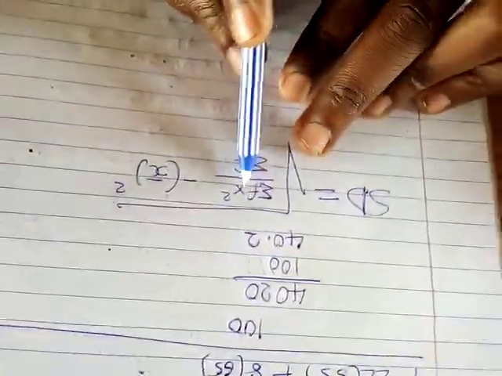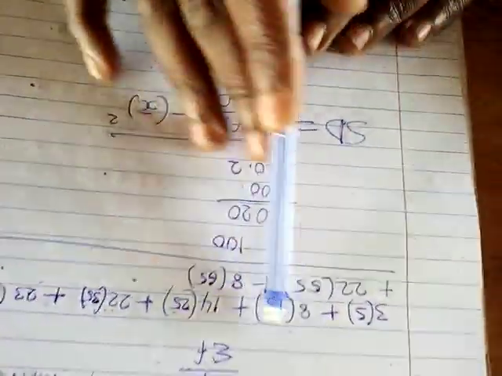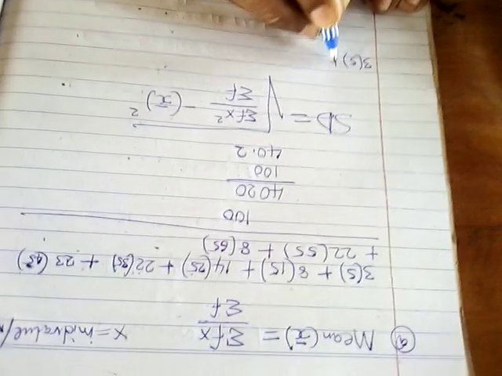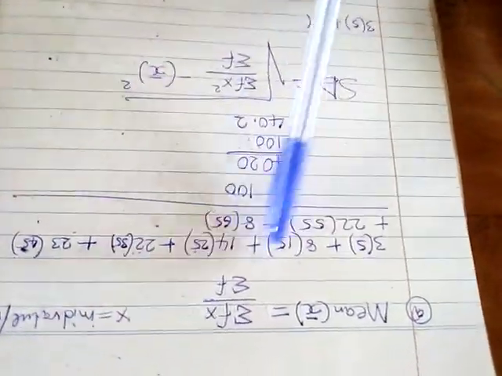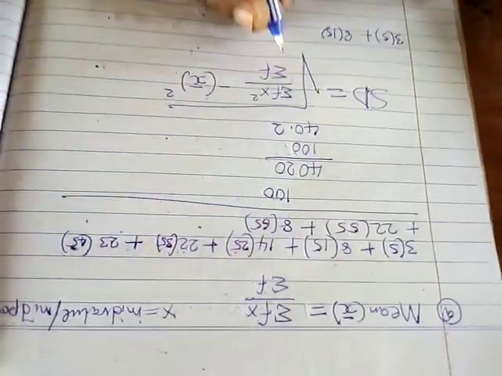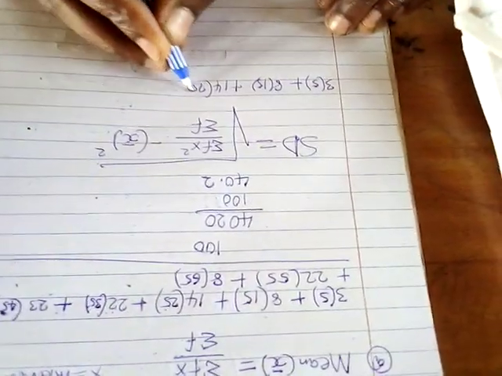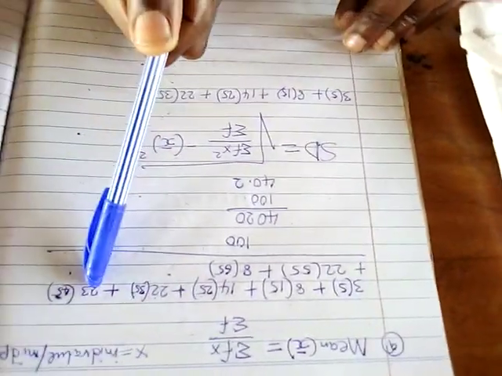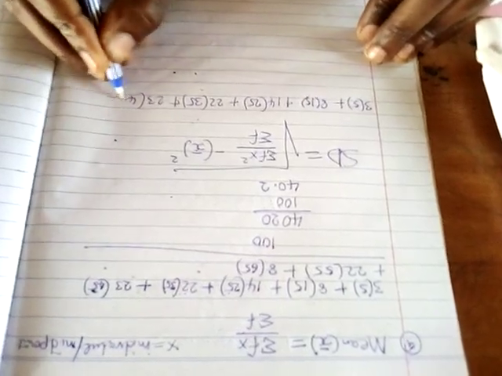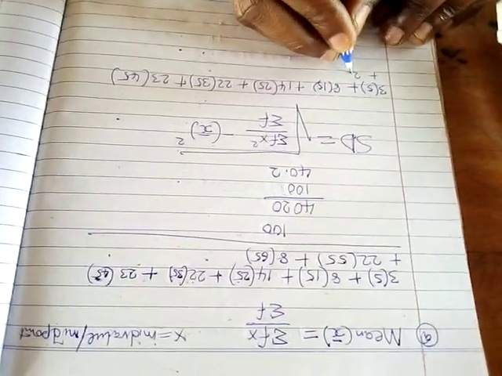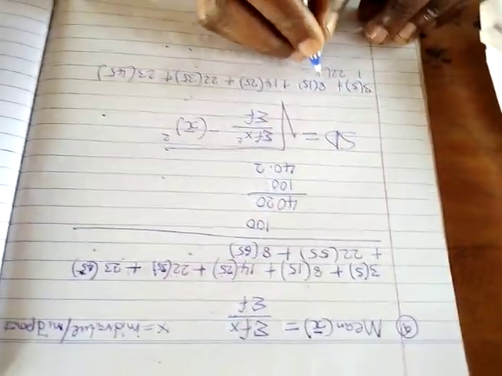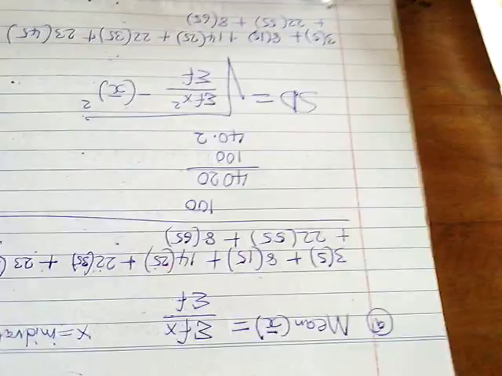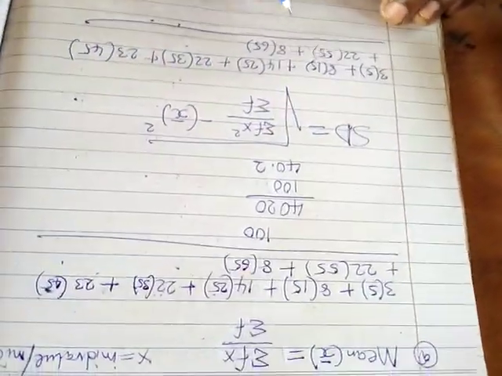So now we are going to copy everything we wrote here: 3, 5 plus 8, 15 plus 14, 25 plus 22, 35 plus 23, 45 plus 22, 55 plus 8, 65. So now we divide by the total frequency according to the formula.